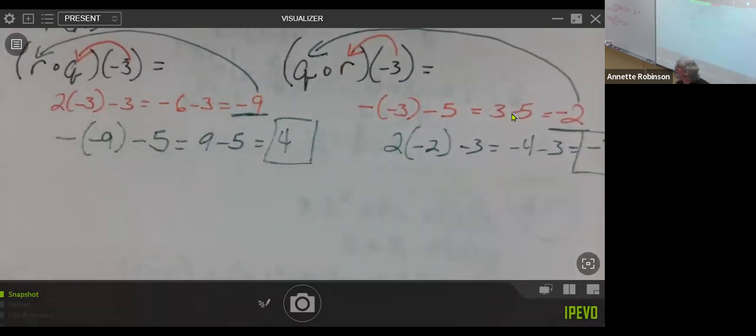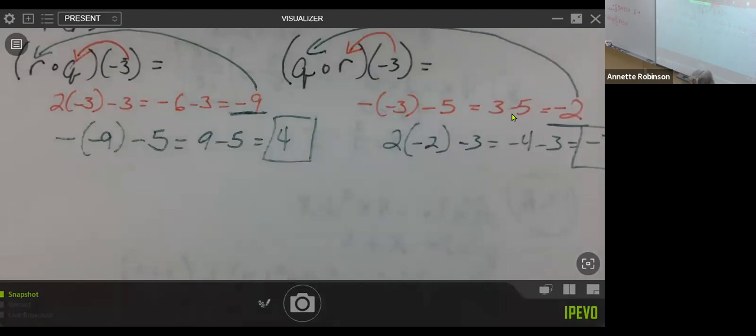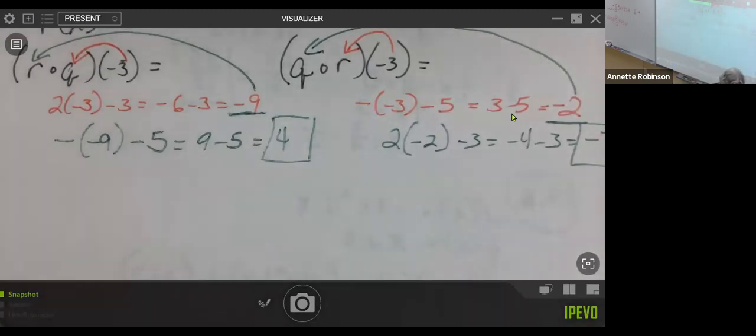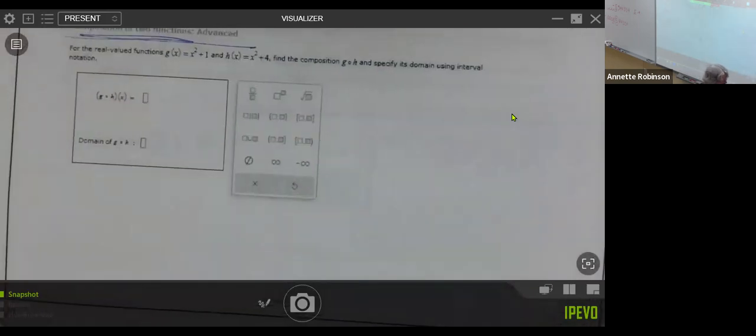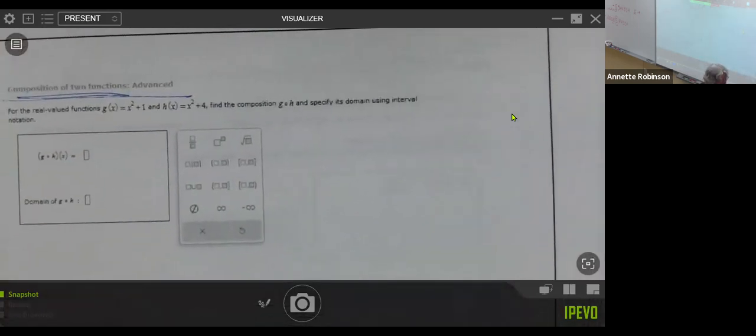So composition with numbers. Talk to me. Sound okay? Just take baby steps. As you were bringing up, you didn't like when it said composition of functions, advanced.